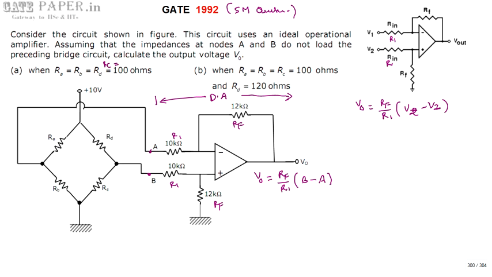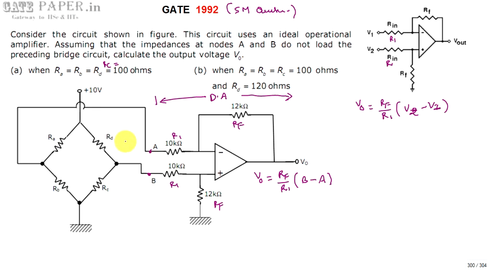This is the output equation for the differential amplifier, and we know RF and R1 values, so we are going to calculate the voltage at A and the voltage at B terminals. If you know A and B values for the given cases, at that time you can calculate the output voltage.